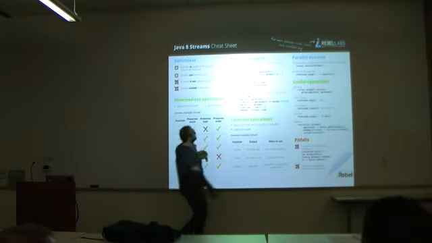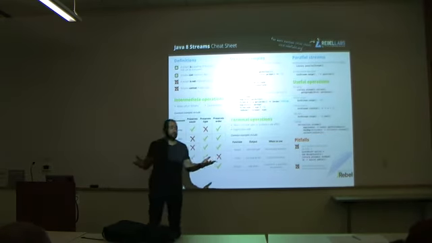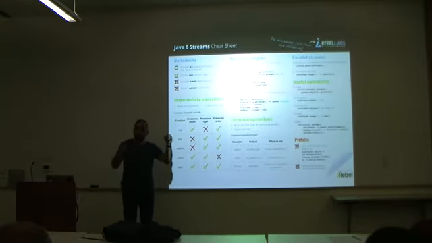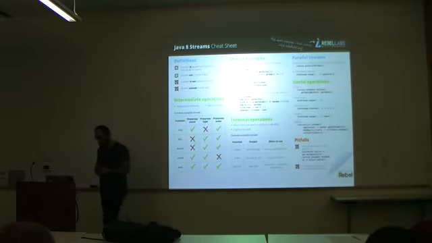So basically, if you stop here, that is just a definition of what you want to do. It's not what you actually ask to do. You just define what you want to do. And when you call a terminal operation, Java then starts to actually evaluate it and process it. So it's a little bit interesting.